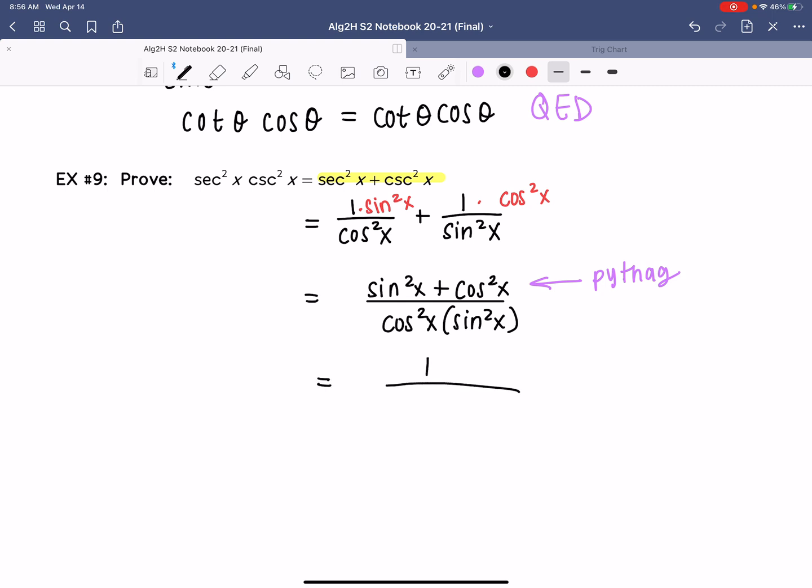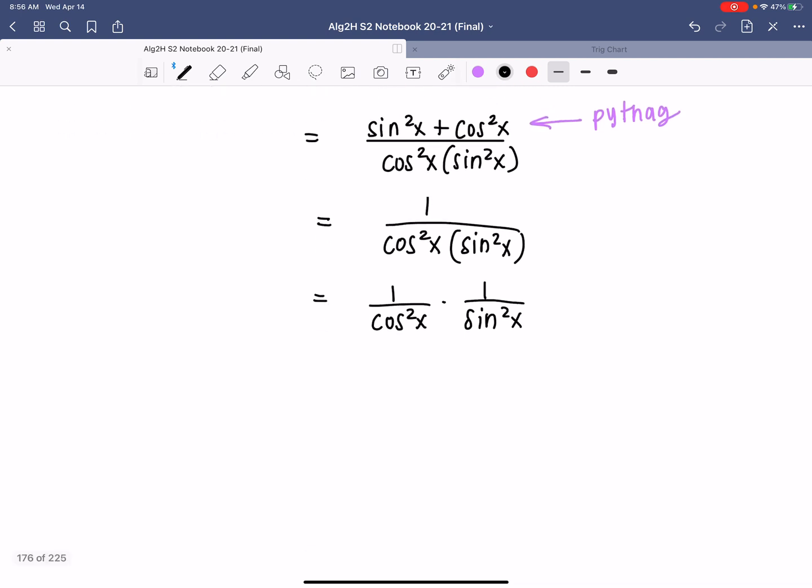So I have 1 over cosine squared x, sine squared x. Again, look what I'm trying to get here. I'm trying to get secant squared x, cosecant squared x. So to get that, I can just split these fractions. So I have 1 over cosine squared x times 1 over sine squared x.